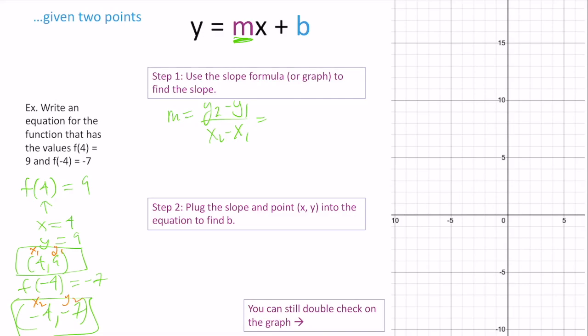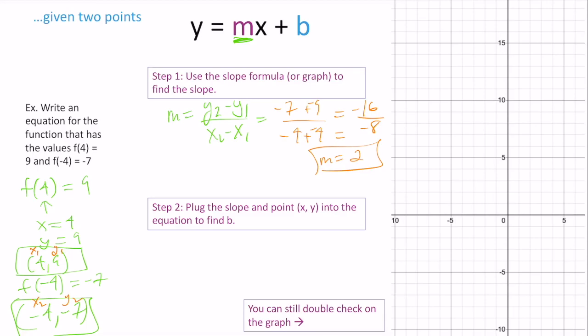So we get -7 minus 9, and that's -7 plus -9, -16. And then x2 is -4 minus 4, and that's -4 plus -4, and that's -8. And so -16 over -8 is +2. So m is 2. So we've got our slope.